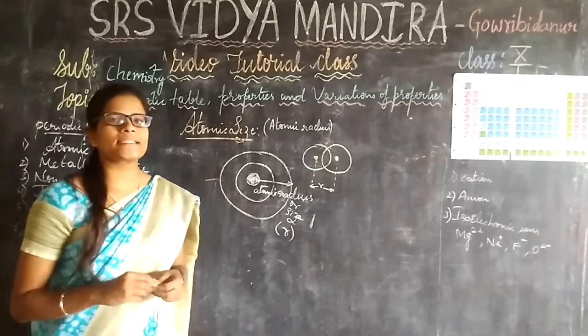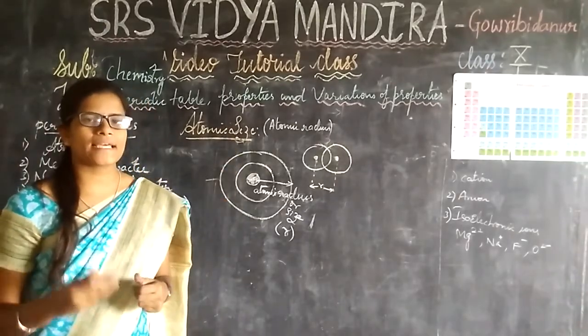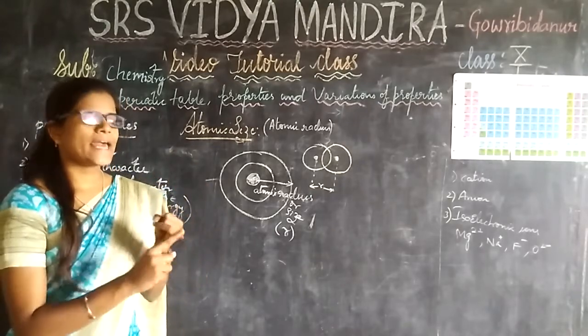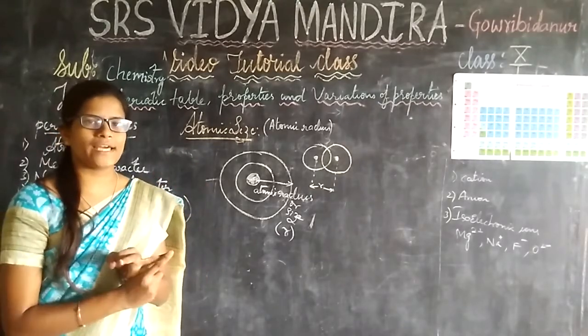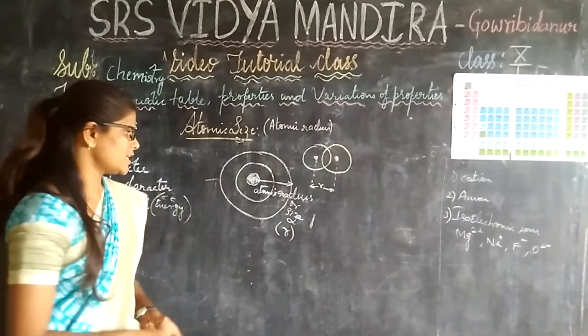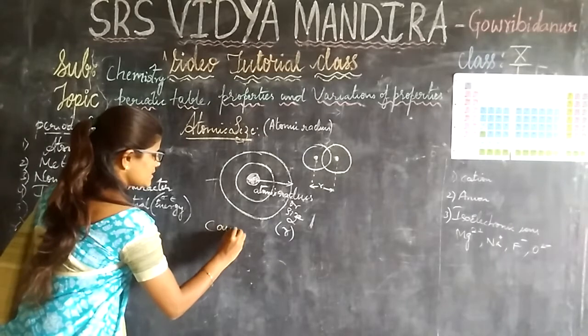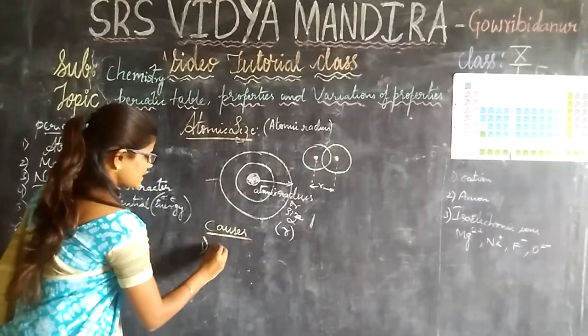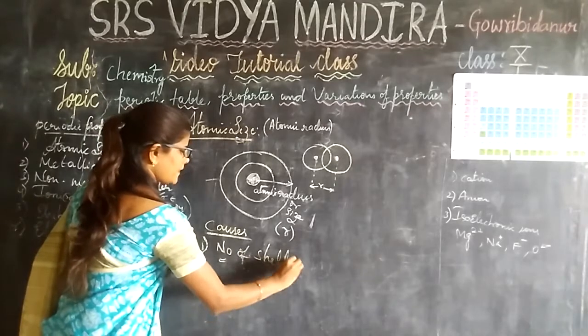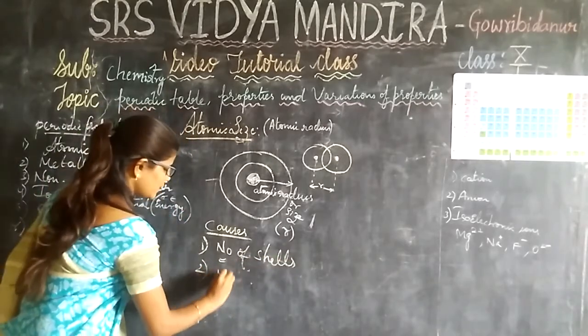On what factors does this atomic radius or size depend? It depends on only 2 factors, that is the number of shells as well as nuclear charge. Causes for atomic size: one is the number of shells, and another factor is the nuclear charge.